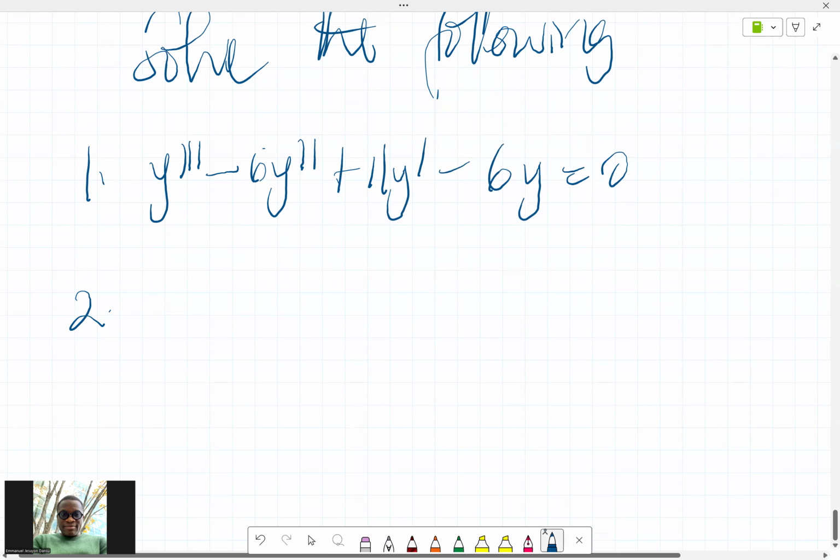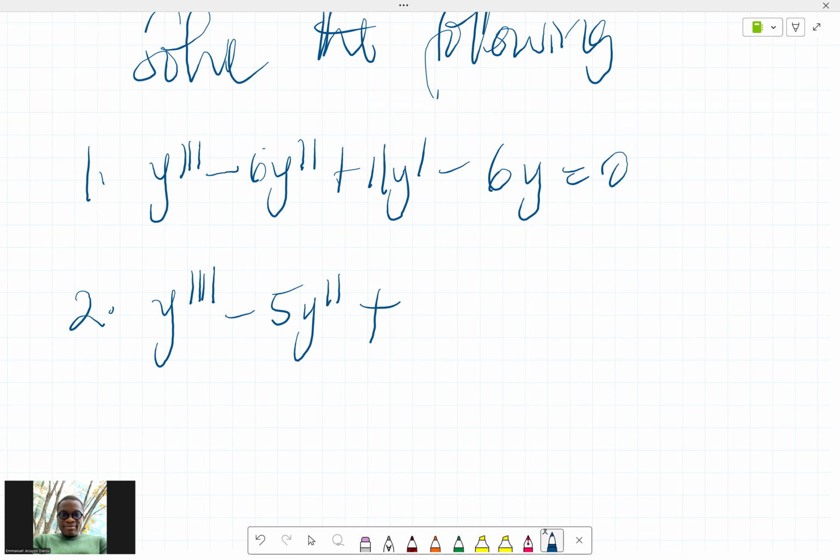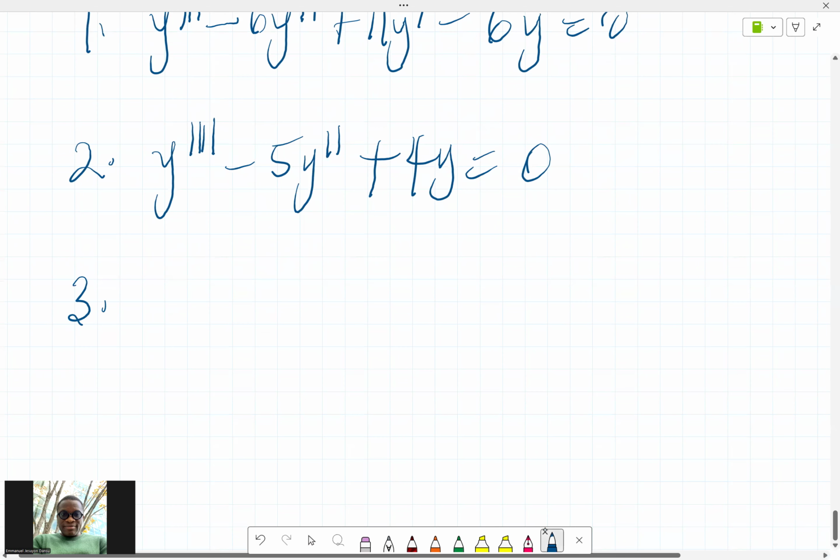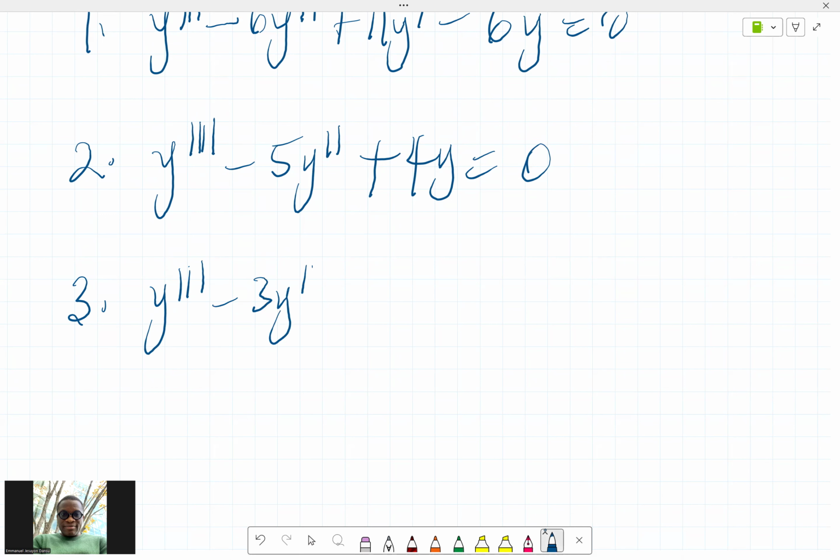That's one. Two, you have y fourth order minus 5y double prime plus 4y equals 0. Okay, how about number 3? You have y triple prime minus 3y double prime plus 3y prime minus y equals x e raised power x.